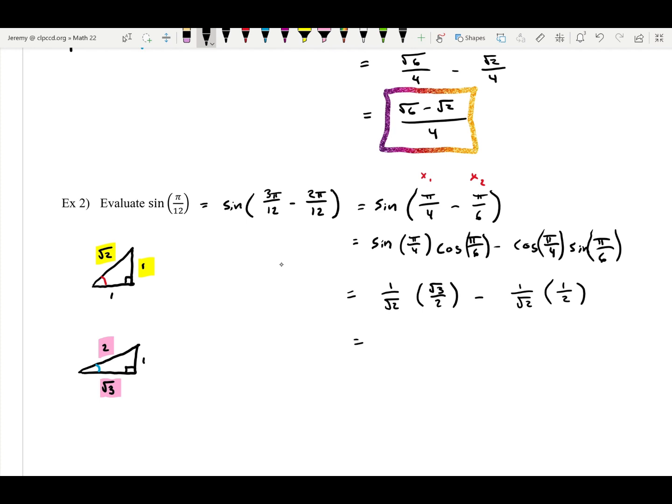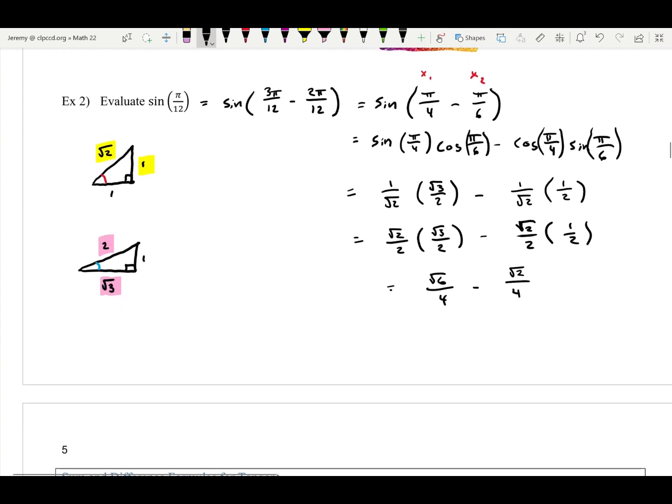Okay, and I could rationalize these denominators. This becomes root 2 over 2. And then this is also root 2 over 2. So I'm getting root 6 over 4 minus root 2 over 4.